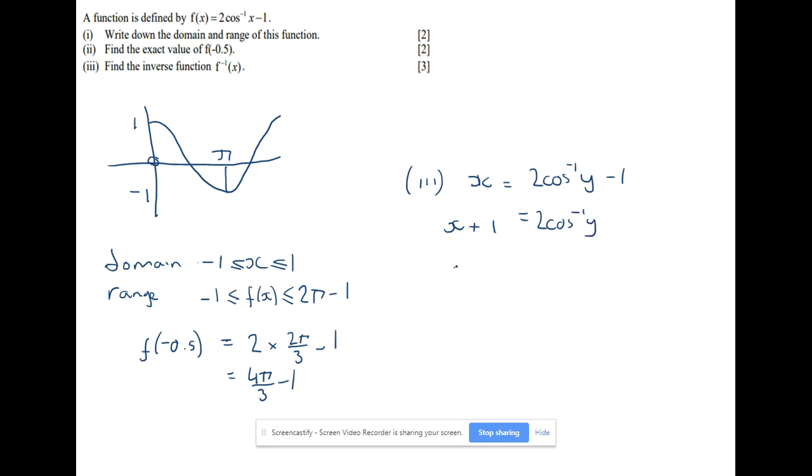Divide both sides by 2, we get x plus 1 over 2 equals cos to the negative 1 y. We now need to get rid of this arc cos. So to get rid of an arc cos, we've got to cos both sides. So we end up with cos of open bracket x plus 1 over 2 equals y.